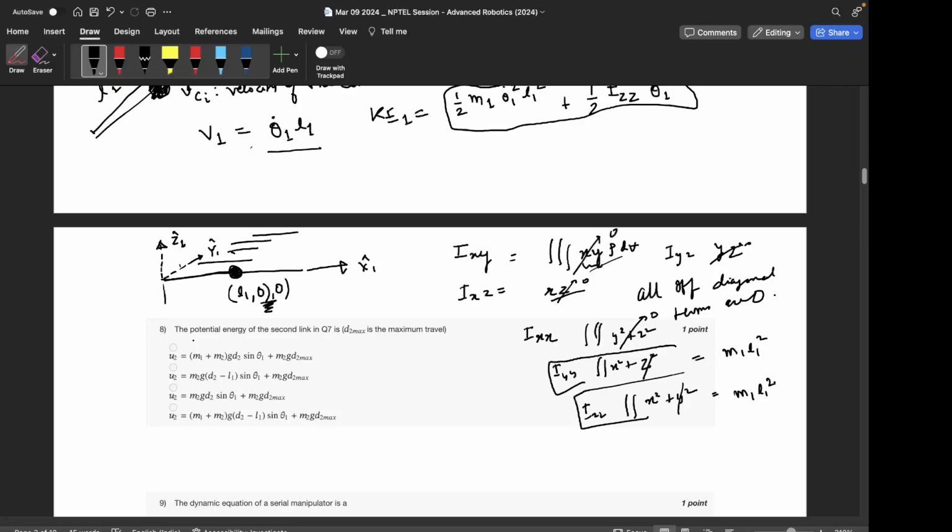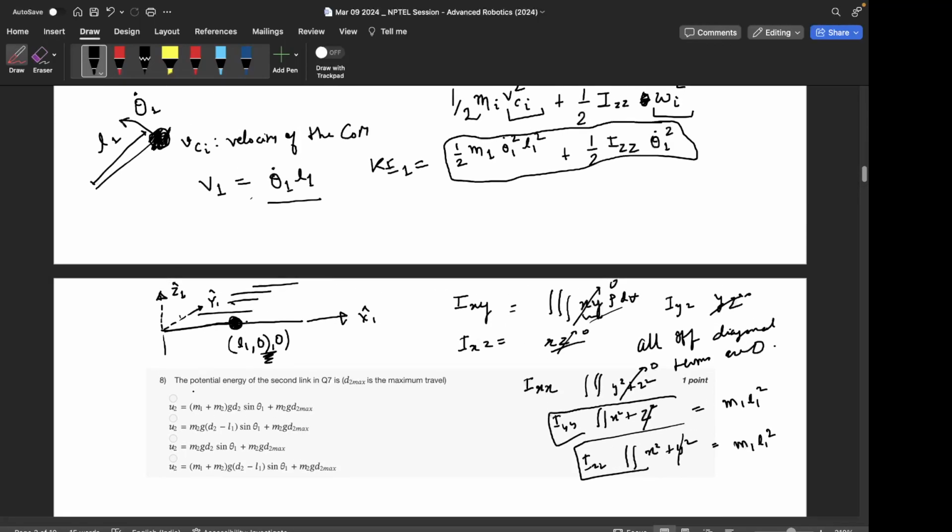Because this is the very basic thing when you first studied inertia, that a mass m kept at a distance L from the axis, then what's the inertia of this mass? mL square, right? Which is the case here also. Iyy corresponds to rotation about the y-axis. So how is the mass distributed about the y-axis? This is the y-axis, and the mass is at a distance L1 from the y-axis, right?